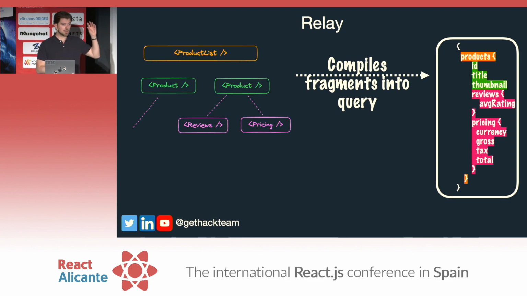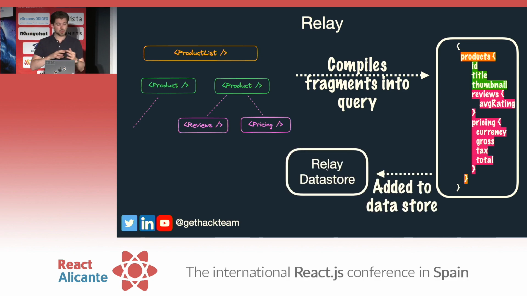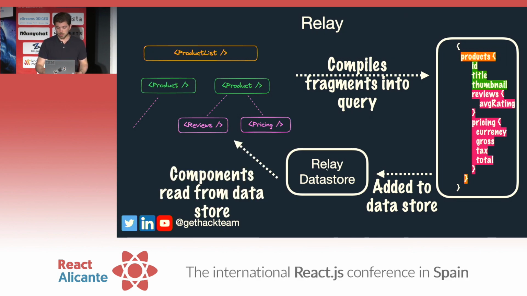So instead of you passing the entire query from the top level and drilling the props, it will be compiled into a single query that is then passed to the GraphQL API. And the GraphQL API, through Relay, will then store the data in a data store. So you get one centralized location where all your data is stored, and through this centralized location, your components are able to read the data and render it in your application.